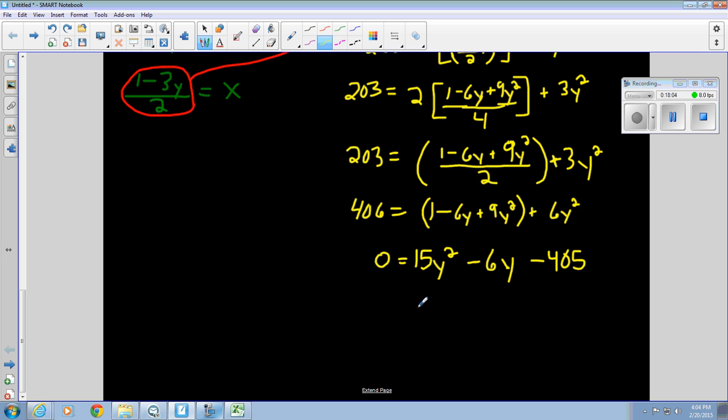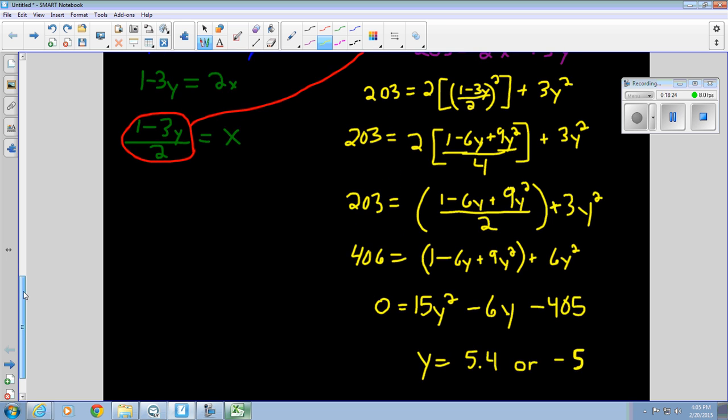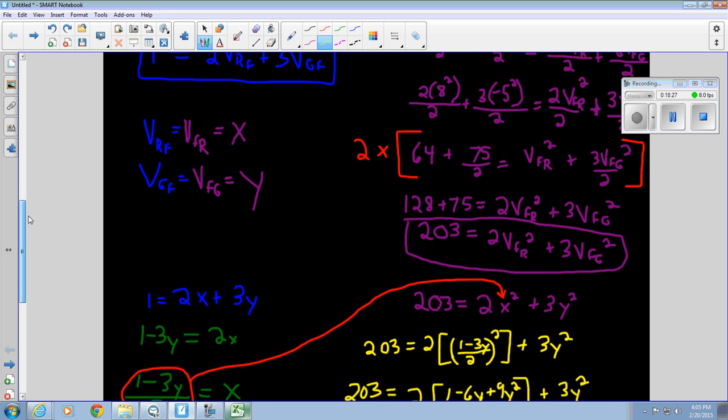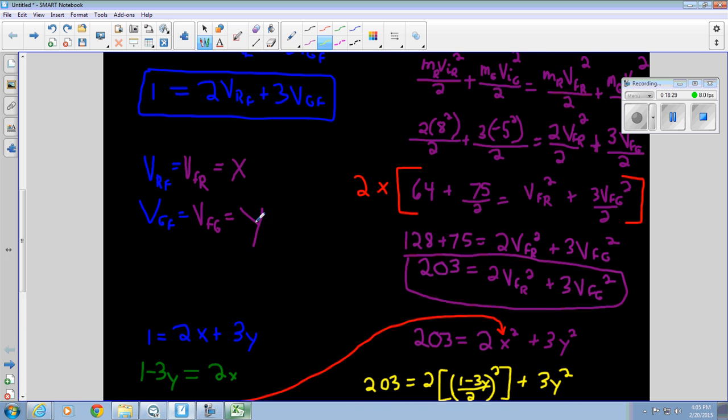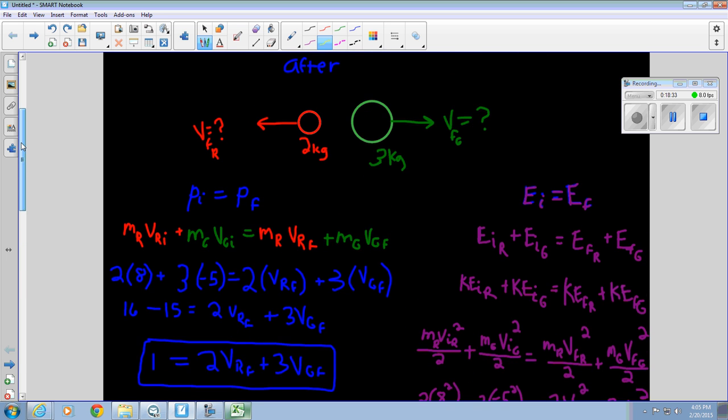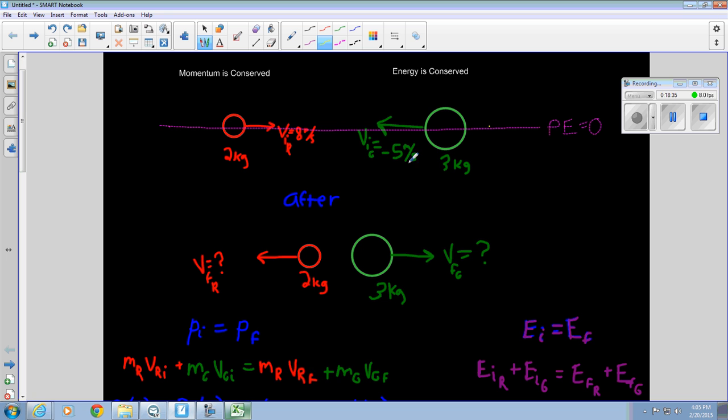You're going to get y equal to 5.4 or negative 5. And you'll know you've done this right if this term, the negative 5 here, comes out, because if you look back, you'll see that initially y was in reference to the green ball, and the green ball was initially going at negative 5.